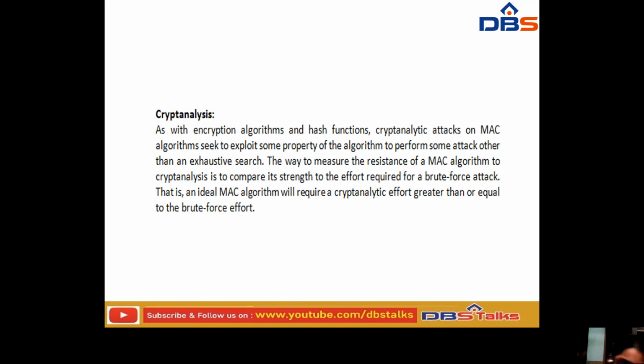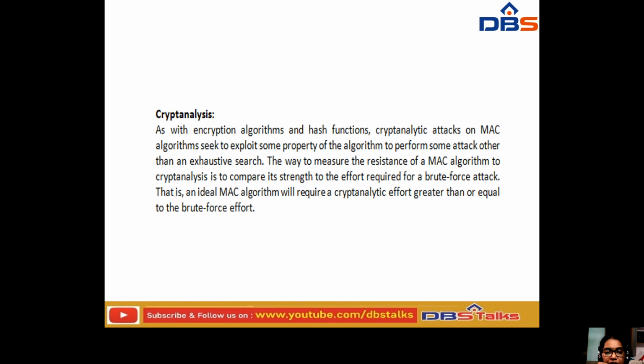Now let us see what cryptanalysis is. As with encryption algorithms and hash functions, cryptanalytic attacks on message authentication code algorithms seek to exploit some property of the algorithm to perform some attack other than the exhaustive search. The way to measure the resistance of a message authentication code algorithm to cryptanalysis is to compare its strength to the effort required for a brute force attack.